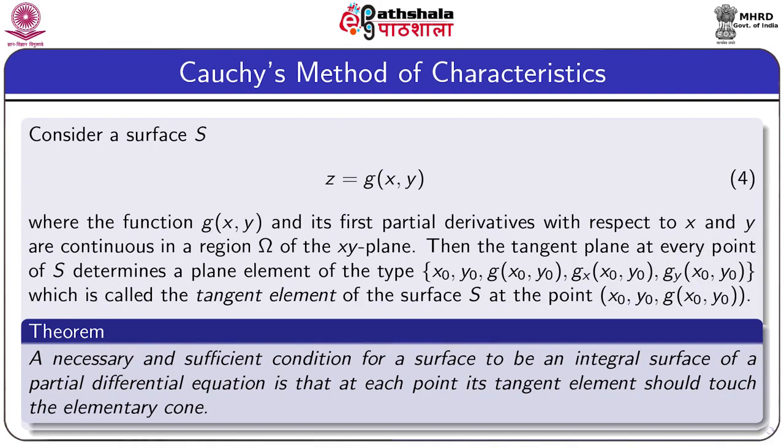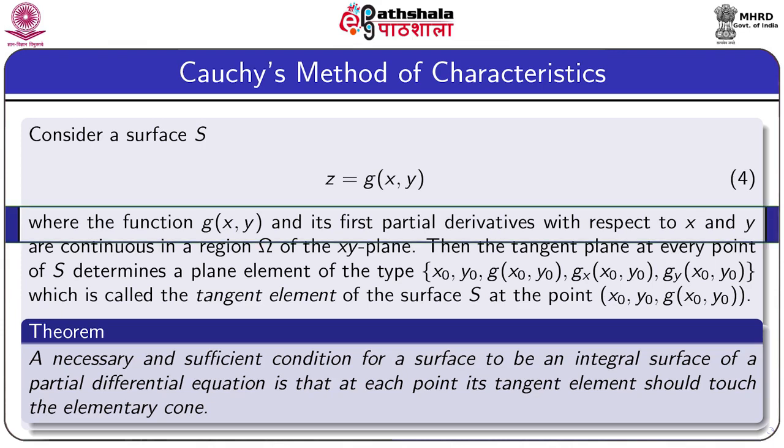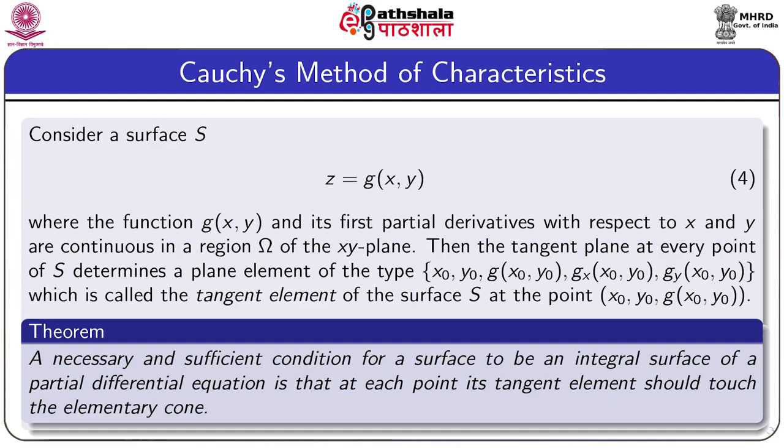Now, consider a surface S having equation z equals g(x,y), where the function g(x,y) and its first order partial derivatives with respect to x and y are continuous in some defined region capital Omega in the xy plane.